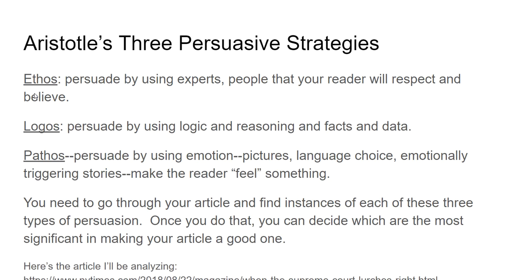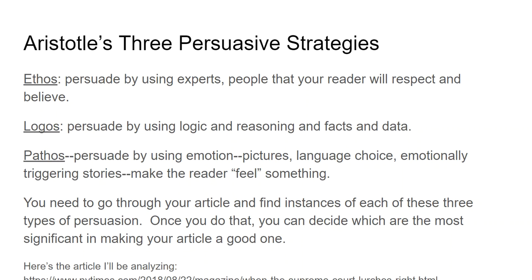If you see ethos, you can recognize it because your writer is either an expert himself or he's using an expert in order to make his point. Logos is really just good writing, and it's where the writer tries to persuade by using logic, reasoning, facts, data, things that reasonable people can agree on.